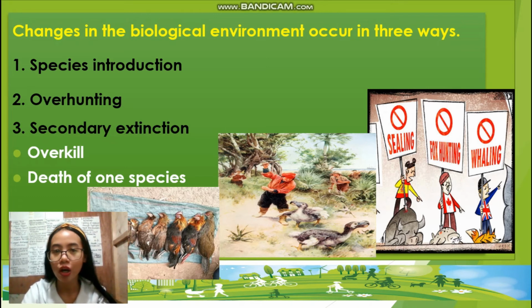Loss of a food species can cause migration or extinction of any species that depends largely or solely on that species as a food source. So they migrate because there is no more food in the area where they live. So they need to move to search for food.